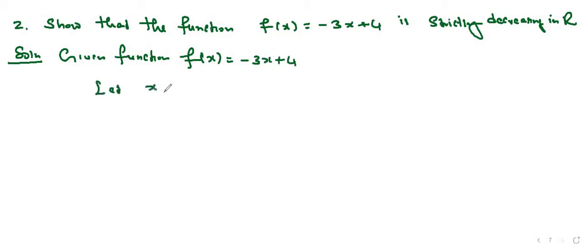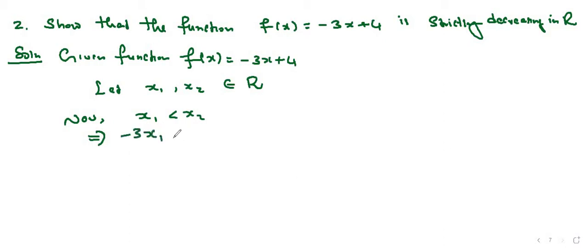Let x1, x2 be any 2 points in its domain. Now we start with x1 is less than x2. That implies, now we are going to multiply by minus 3. Then we get minus 3x1 is greater than minus 3x2. If we multiply by a negative number, then the sign of inequality will be reversed. So less than becomes greater than. The next step is we have to add 4 on both sides.